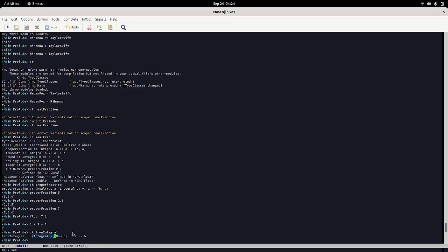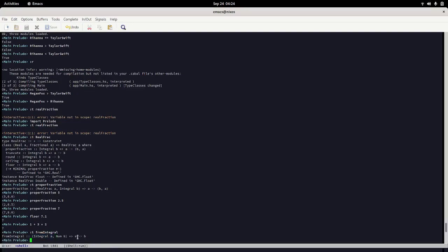We have to tell computers how to do division between a float and an int. So if we have 7 divided by 3.4, that's not going to work up front. What we're going to need to do is say fromIntegral of this a, so 7 being our a.